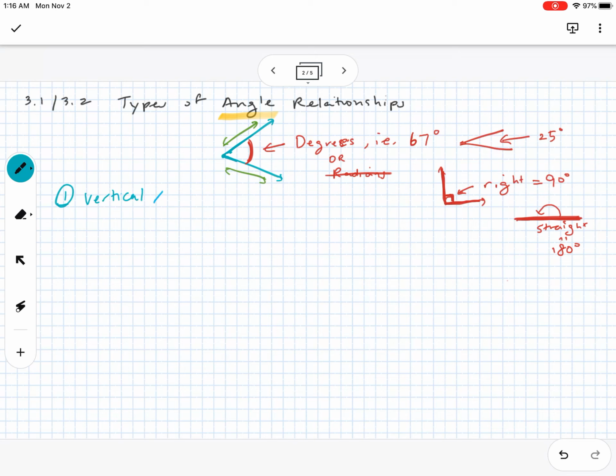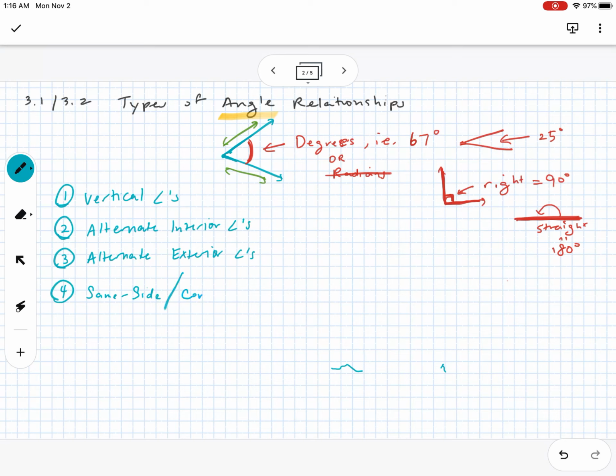You want to be familiar with a few terms. Okay, so number one, you want to be familiar with the term vertical angles. Number two, you want to be familiar with the terms alternate interior angles. Number three, alternate exterior angles.